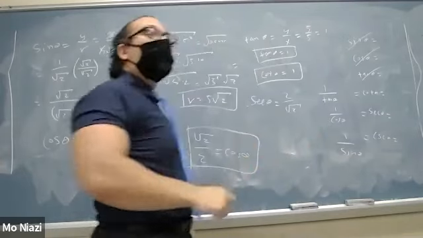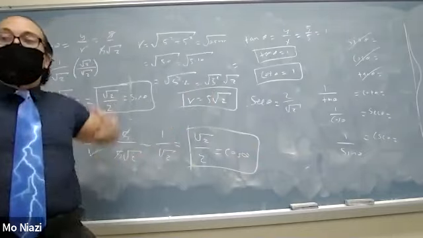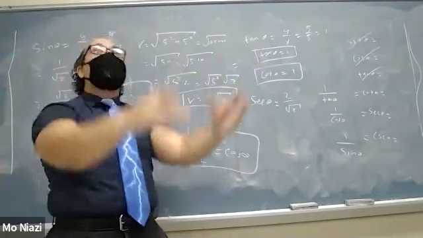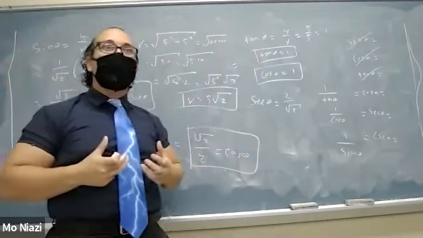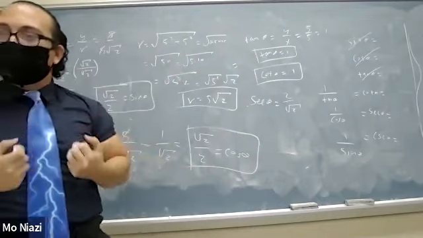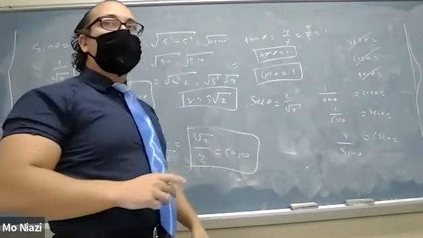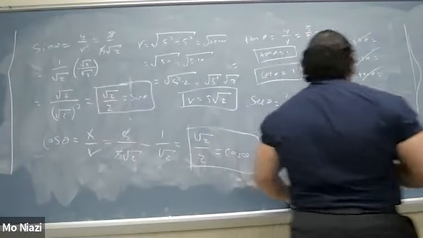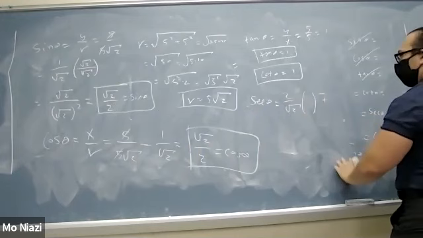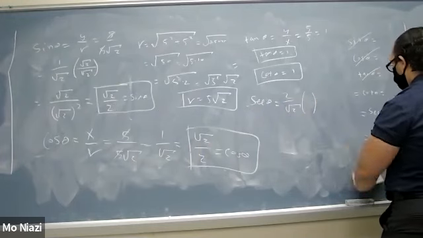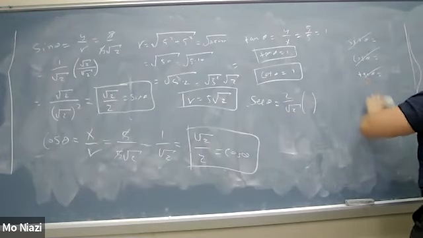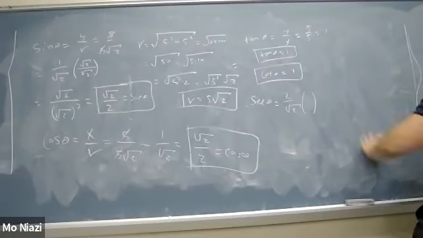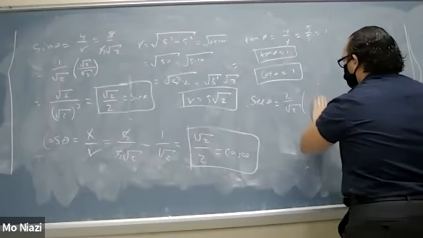And as you've been trained, you should get this weird feeling like, oh no, there's a radical in the denominator. I want to get rid of that. So we rationalize the denominator by doing what? Fancy number 1. Very good. What is the fancy number 1? Square root of 2 over square root of 2.